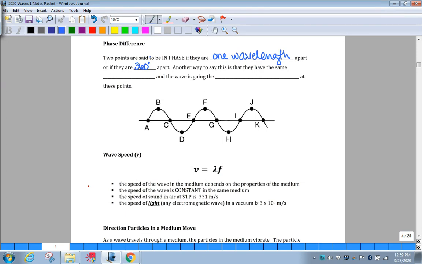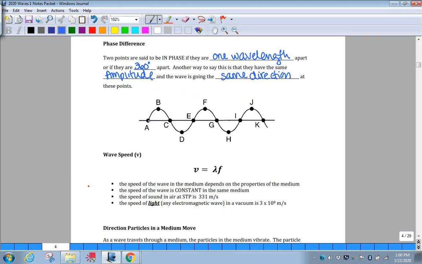Another way to say this is that they have the same amplitude and the wave is going in the same direction. Okay, so we have to look at the wave below to kind of decipher what that means. It's easier to tell if things are out of phase because you could basically get that right 90% of the time, and then you have to really think if they are actually in phase.